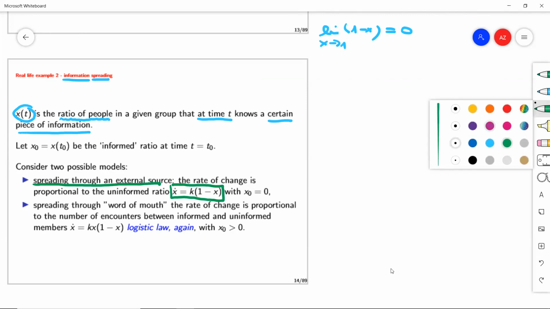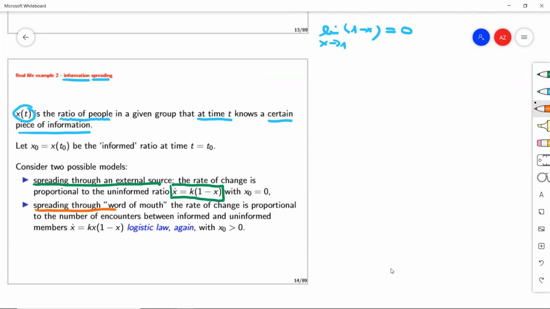However, the other situation is spreading through word of mouth, which means that the informed people tell the information to uninformed ones. So what's important here is the product of the encounters of the informed and uninformed parts of the group.